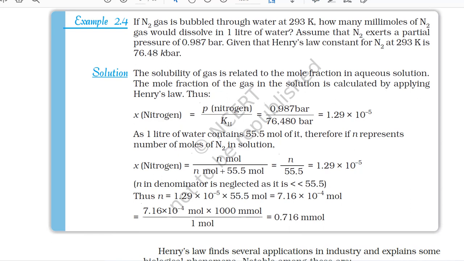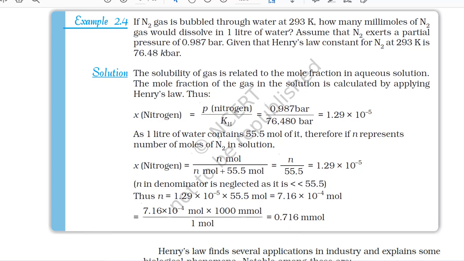Example 2.4. If N2 gas is bubbled through water at 293 Kelvin, how many millimoles of N2 gas would dissolve in 1 liter of water? Assume that N2 exerts a partial pressure of 0.987 bar. Given that Henry's law constant for N2 at 293 Kelvin is 76.48 kbar. Solution.